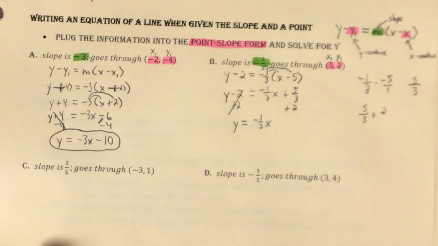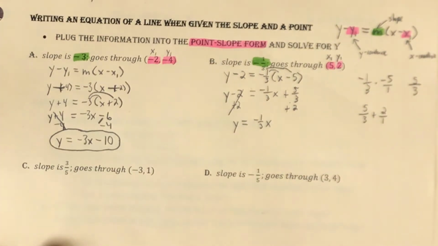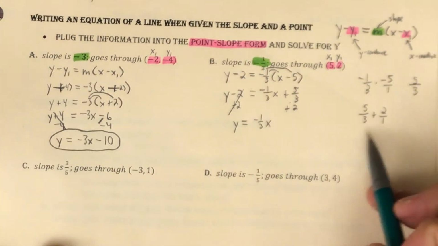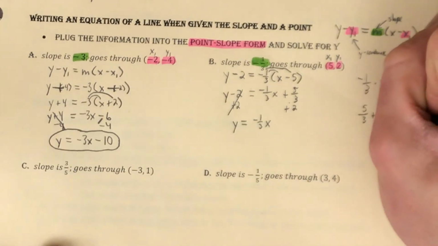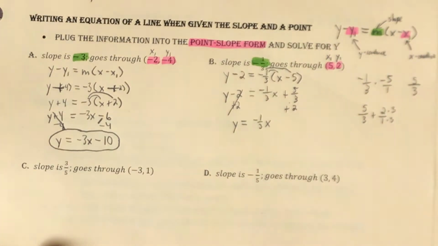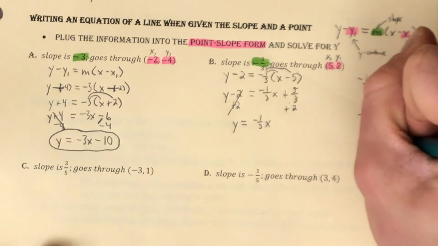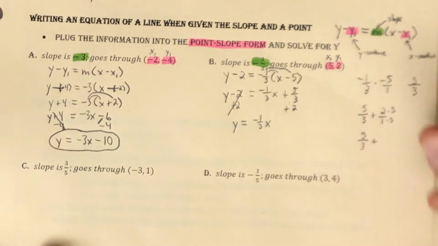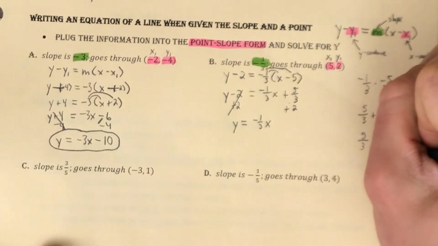In order to add that, I need to put this over 1 and then create a common denominator. 3 and 1, the smallest denominator they could both be is 3. So I need to multiply this by 3, which means I need to also multiply the top by 3. This one stays the same. So that's 5/3 plus 2 times 3 is 6, and 1 times 3 is 3.